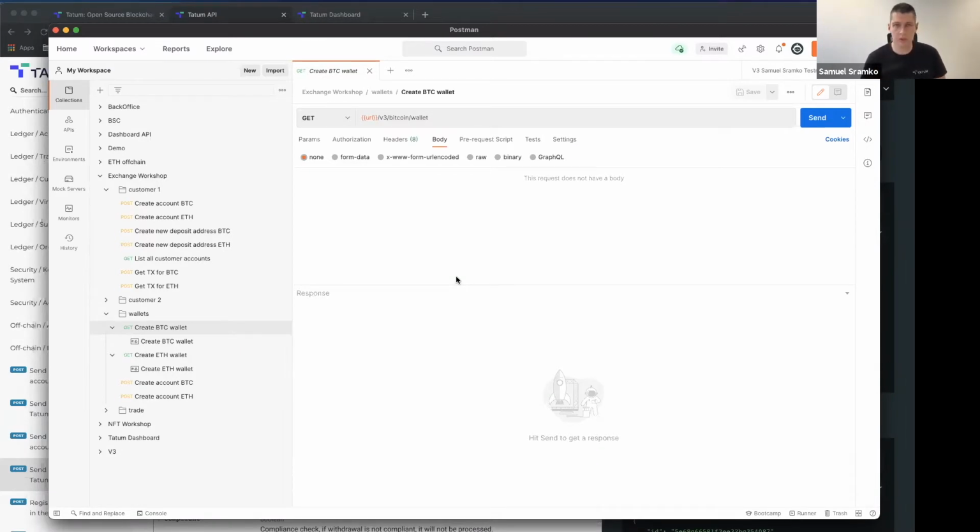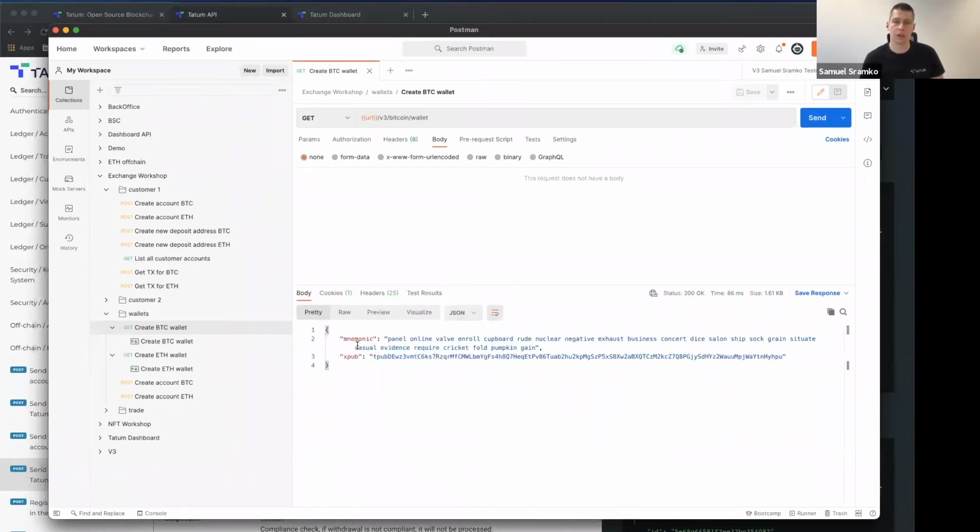So first of all, as I said, before your exchange is live and running, you need to generate the wallets. For Bitcoin, you can create a wallet which gives you the mnemonic and XPUB. The mnemonic is the key to all the private keys you can generate from this wallet.